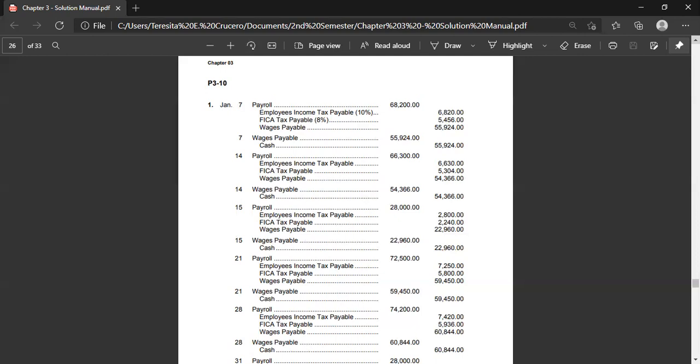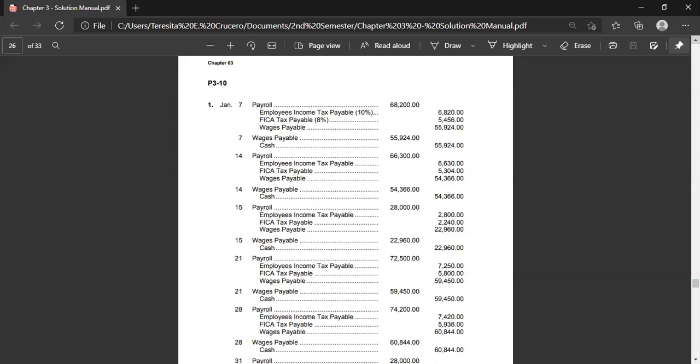Then on the 21st, we again have the recording of the payroll, the same entries, the same credits, with the only difference being the amount for each of the tax payable. So 21 again, we have the payment of the wages payable and credit to cash. Then 28, we have another payroll and the payment of the payroll.